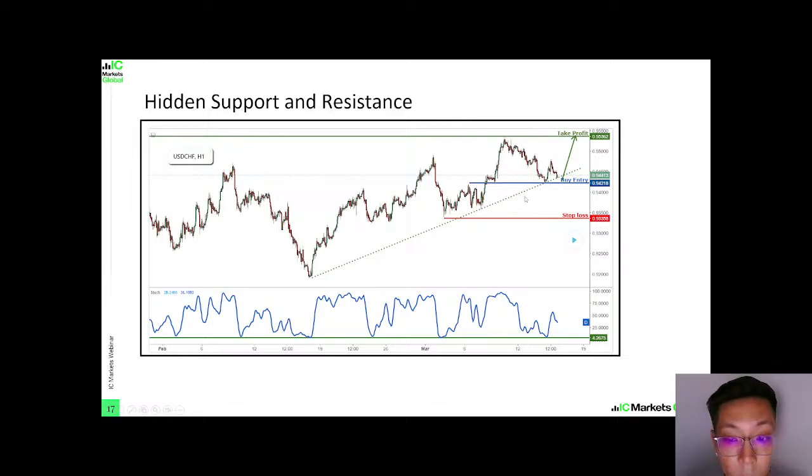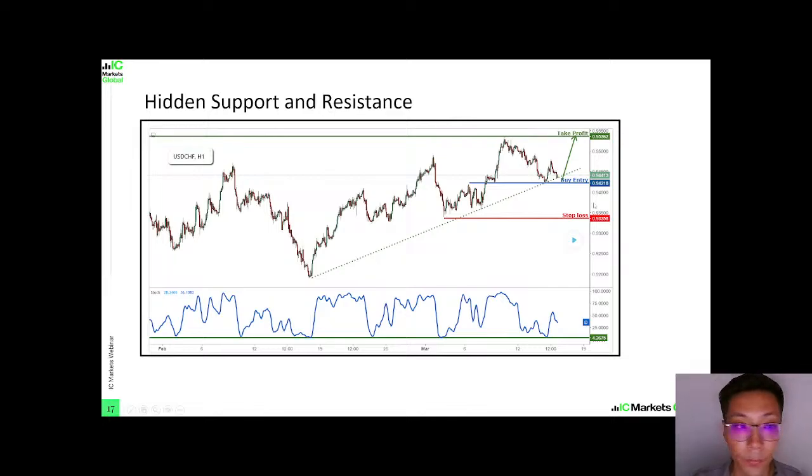And not only do we have the hidden support, we are aligning it together with an ascending trend line, a bullish ascending trend line. That's why we are very confident for this buy entry. When you have multiple confluences acting together, this is where you will be confident to enter the trade.